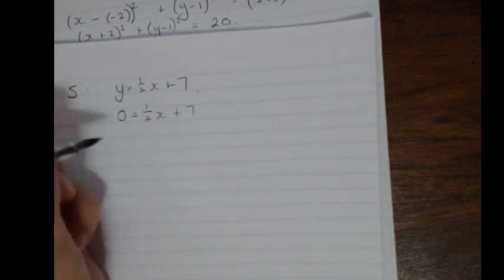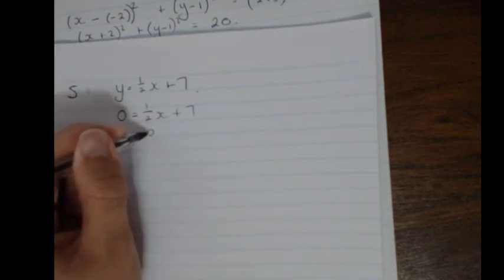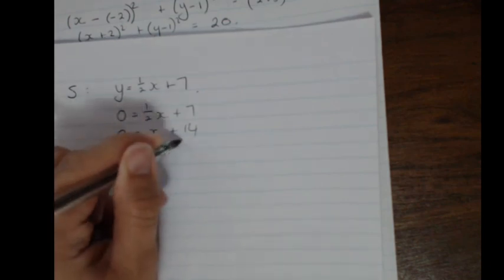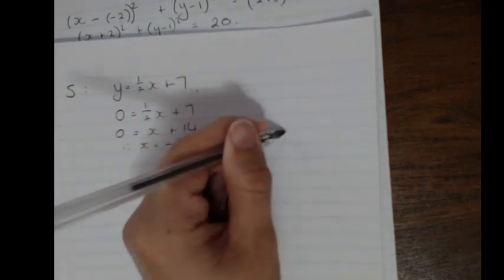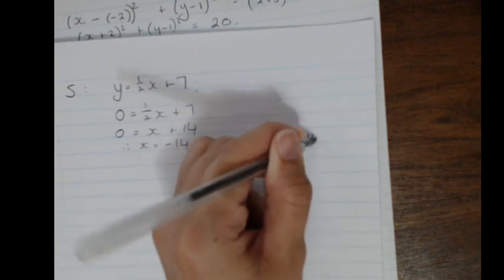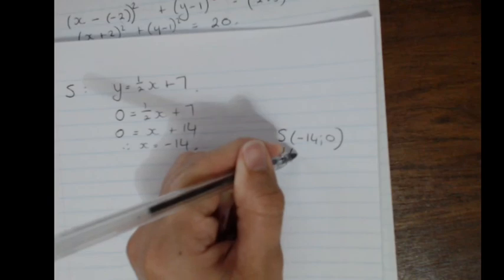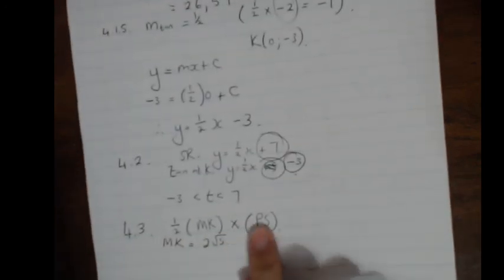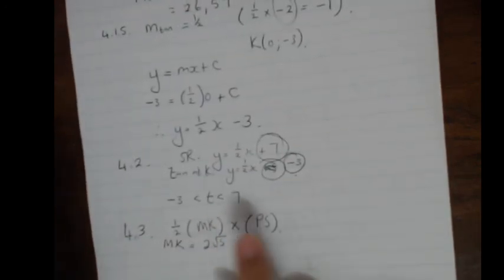To get rid of the half, you can multiply by 2. Then you have this, meaning x is negative 14. That means S is the point (-14, 0), and P is the point (-4, 5), because I need the length of PS. I have MK, I need the length of PS.